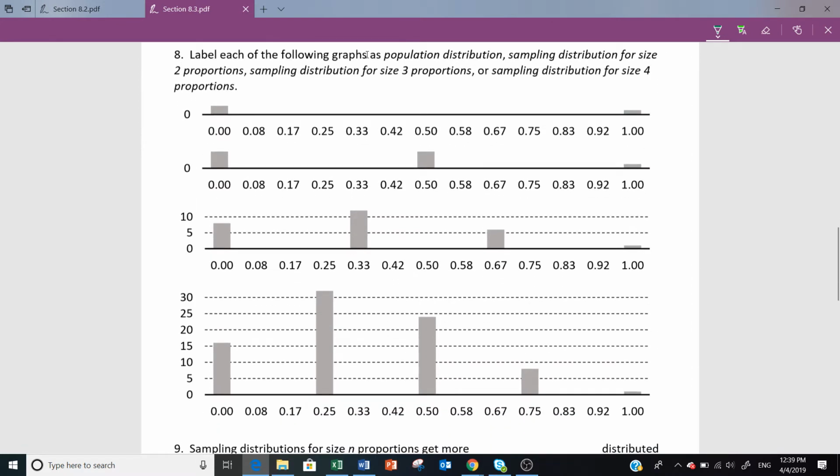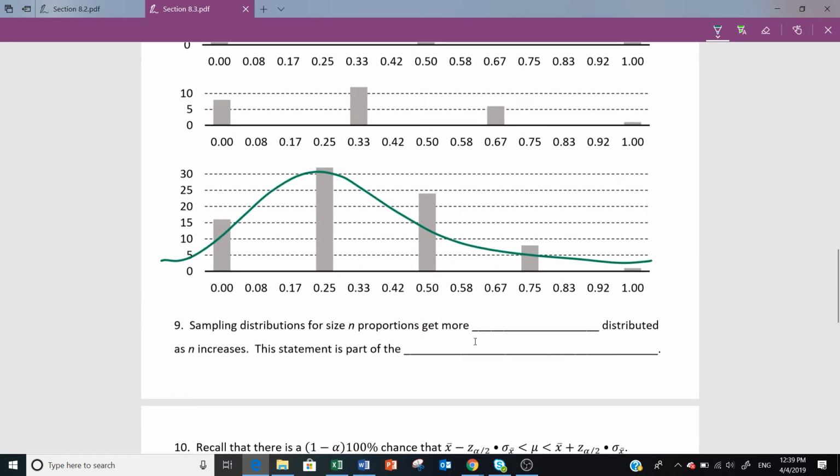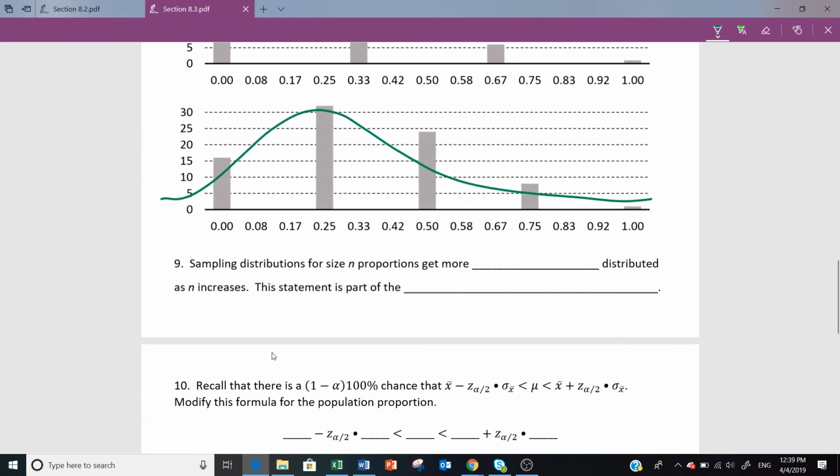Okay, what theorem is starting to take place here? What do we call that special theorem where we could just put the little normal curve through it? Let's fill in the blank here for the theorem. The sampling distribution for proportions gets more blank distributed as n increases. This statement is part of the blank theorem.